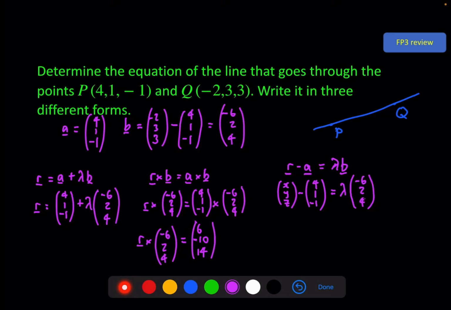And then if you put the two vectors on the left together and you equate your coefficients, you end up with x minus 4 divided by minus 6, y minus 1 divided by 2, and z plus 1 divided by 4, all equal lambda. So these three are different forms for the same line.